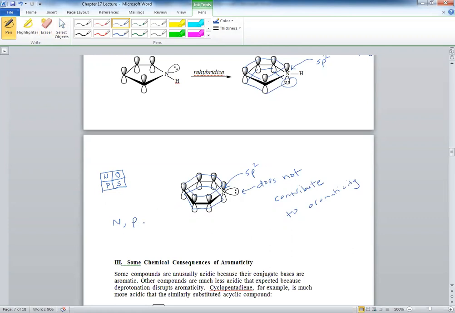So for nitrogen and phosphorus, what you need to do is remember, if there is a double bond, then do not count the lone pair toward aromaticity.